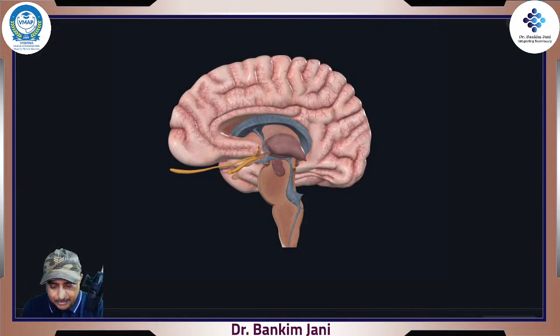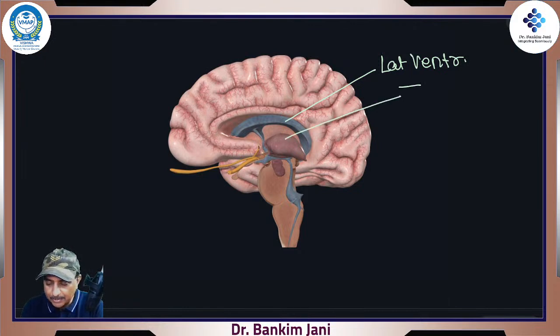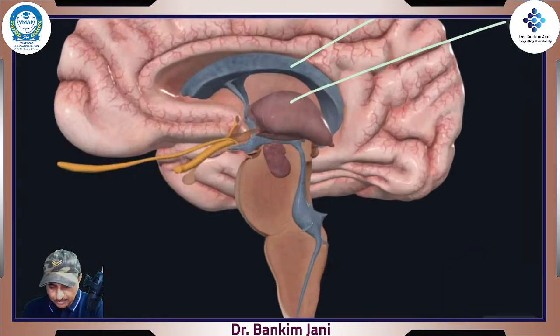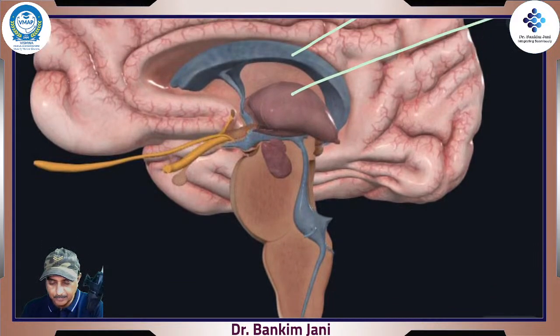So here is the right-sided lateral ventricle, and then this one is the thalamus. Zooming in, right? So the thalamus.